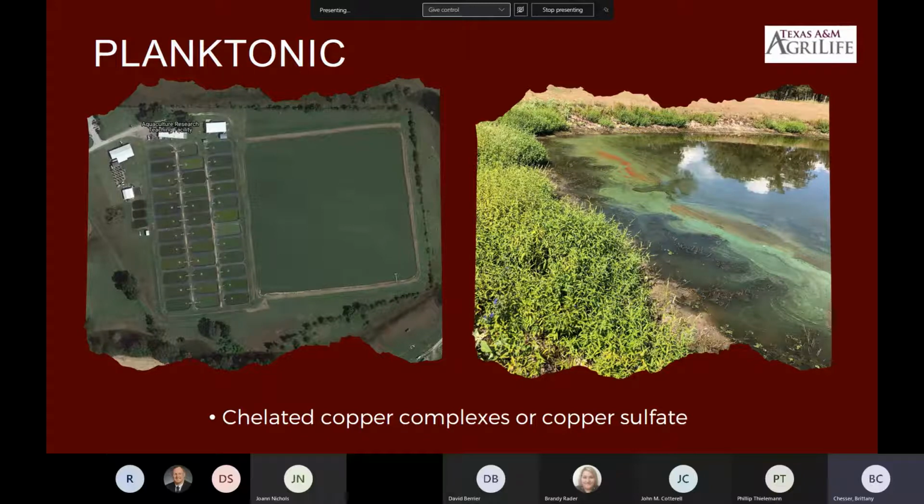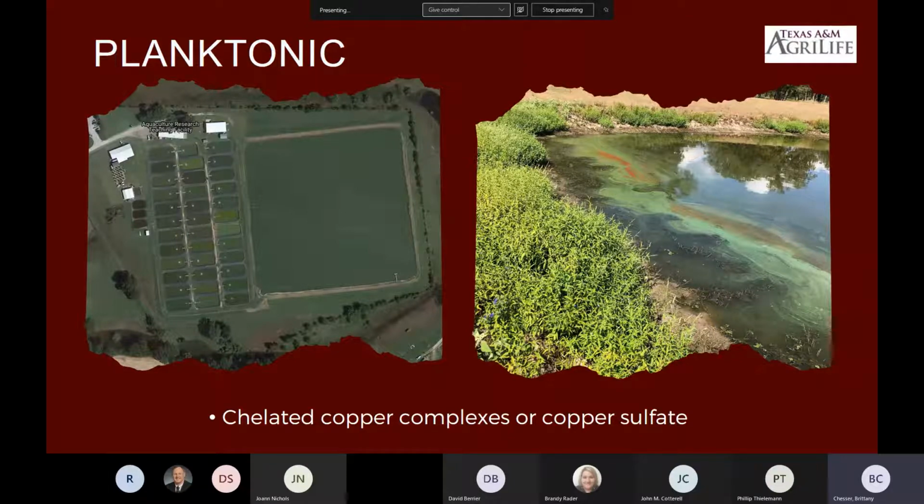Pond dyes are considered a means of physical control for planktonic algae, and they can be extremely effective, but they should only be used in situations, like I mentioned previously, when you're not concerned about your fishery, so your recruitment and creating that fundamental food chain.